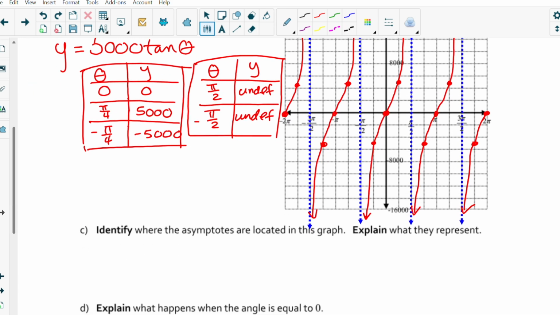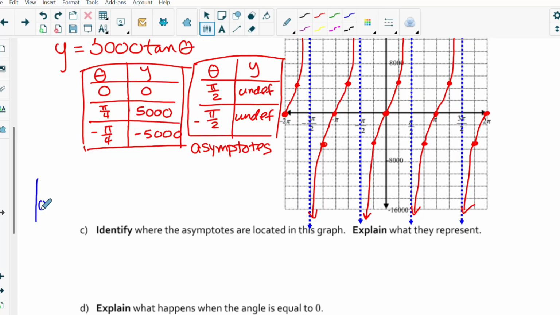Identify where the asymptotes are located in each graph. Explain what they represent. So we've shown you why the asymptotes are where they are. So these are asymptotes, right? Because that's where the tangent function is undefined. Well, let's take a look at this logically on why that is by drawing some diagrams here.